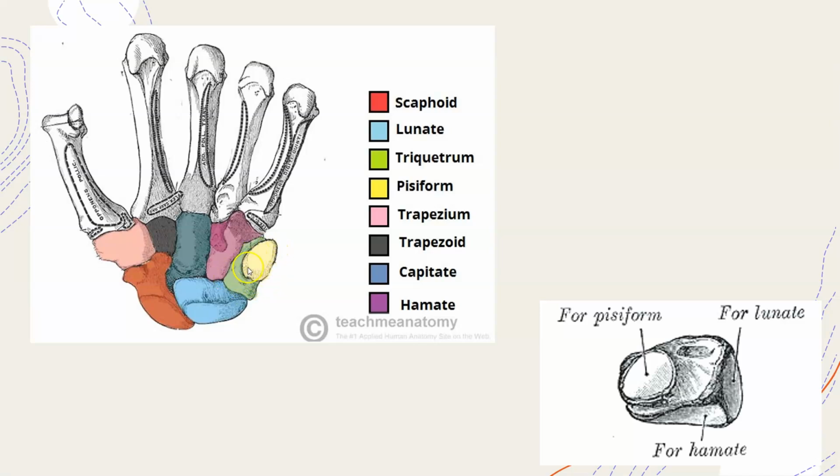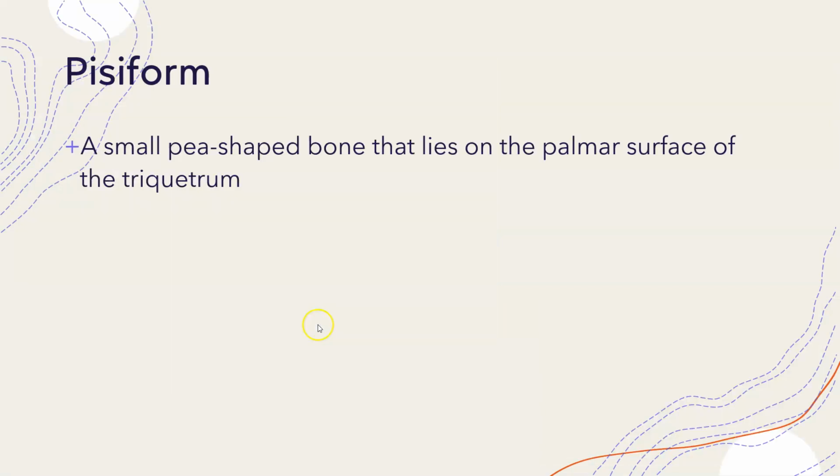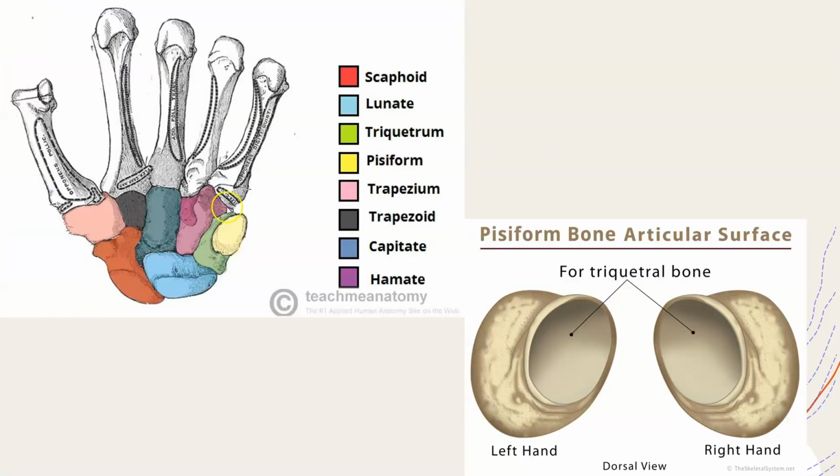Now you'll note there's a tiny little bone that sits on top here. That represents our pisiform. It is a sesamoid bone, a small pea-shaped bone that lies on the palmar surface of the triquetrum, right here, and it does provide an attachment, which we'll learn about when we do the ligaments and the joints.